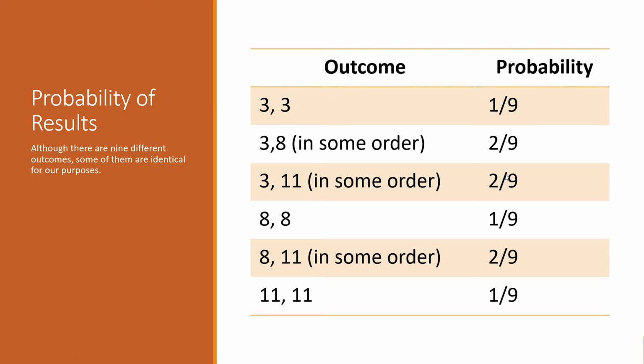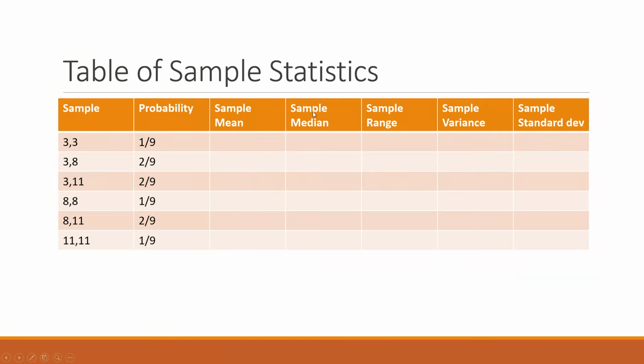And now what I want us to do is start finding statistics based on these potential samples. So for instance, for the sample of 3 and then 3, what's the mean of that sample? What's the median? What's the range? What's the variance? What's the standard deviation? That's going to be pretty straightforward, because there are 3 easy ones.